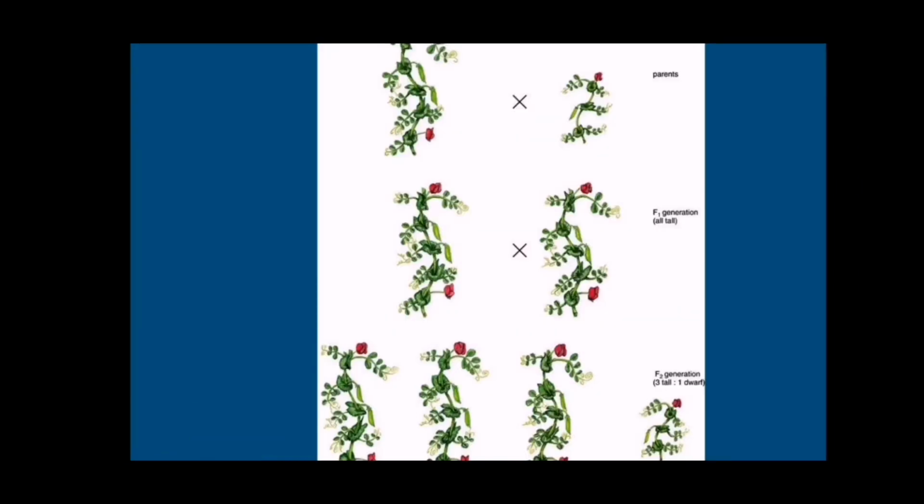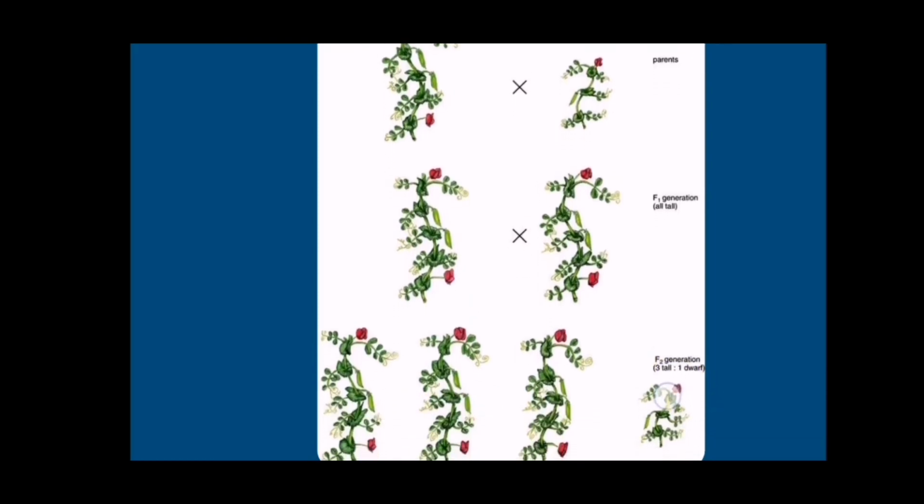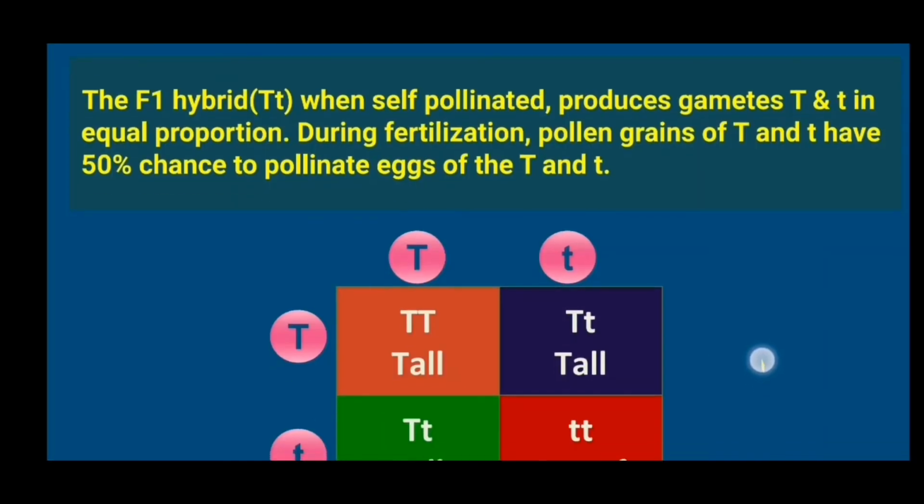See the diagram here. Tall plant crossed with dwarf plant. F1 we get tall. Then that tall is crossed with the tall again. That is F1 is self-pollinated. F2 we get 3 tall and 1 dwarf. The F1 hybrid, capital T small t, when self-pollinated produces gamete capital T and small t in equal proportion.